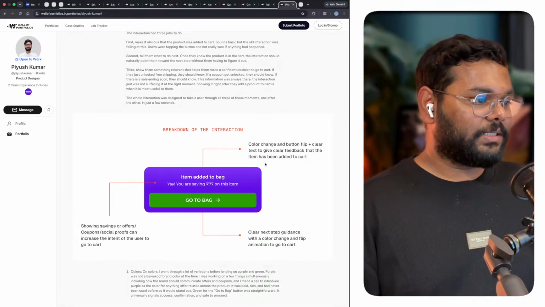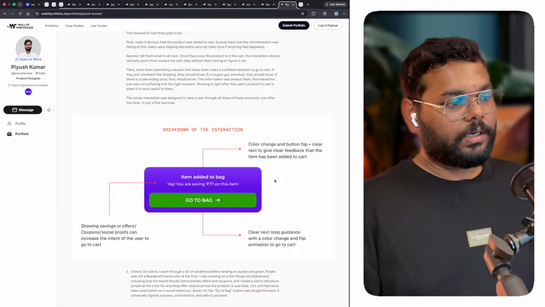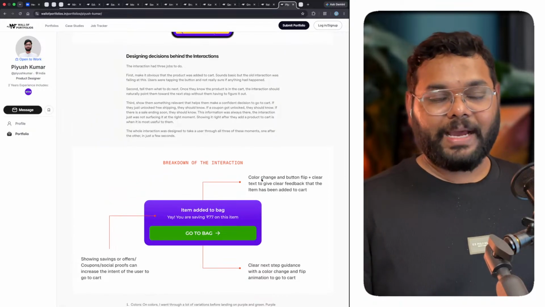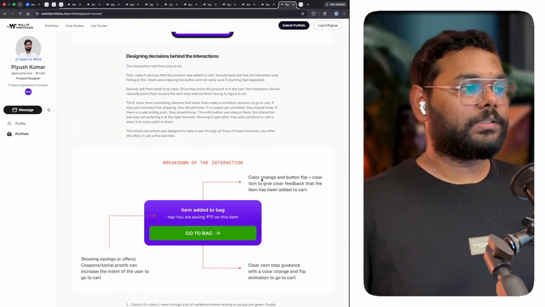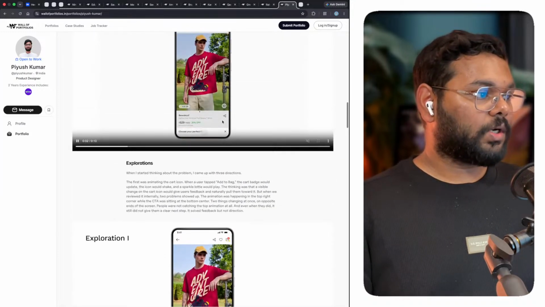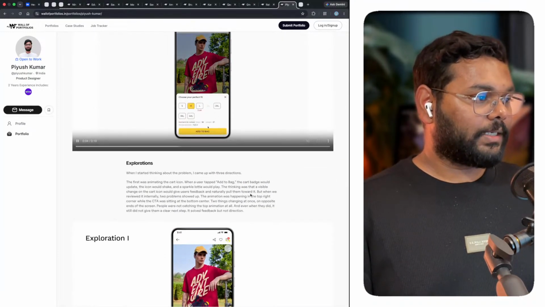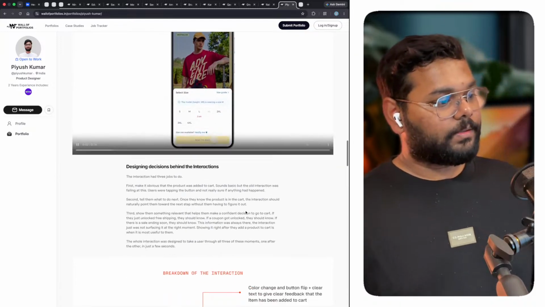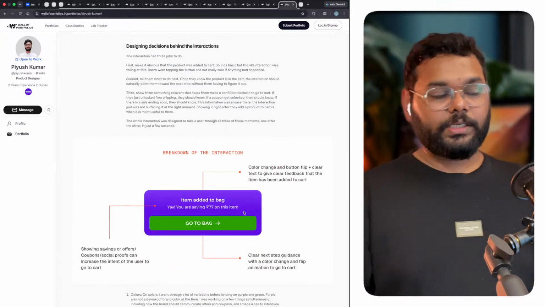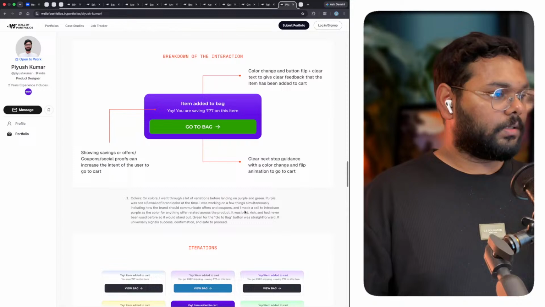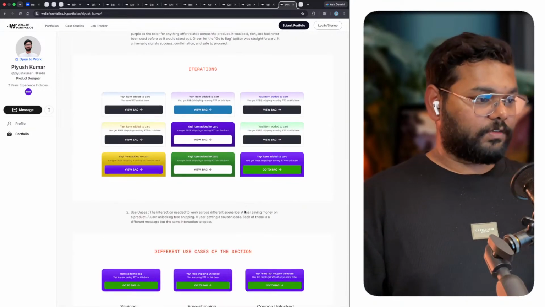Your design decision needs a backing, something like: okay, this was not working here, and that's why I used this particular thing, used this kind of copy, and that's what it solved.